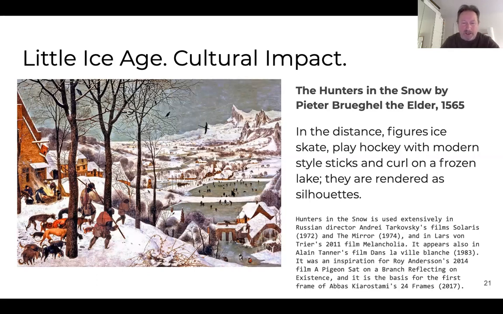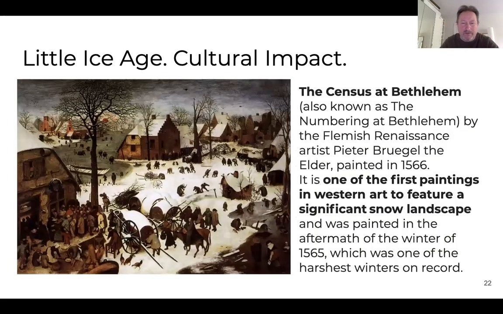And since that time, Holland is very famous for its skaters. And this is related to demography again, since this was a census after which Herod decided to kill the kids.